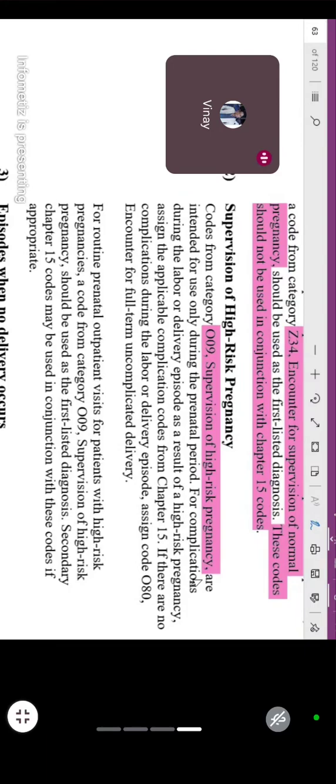That is O09. So, for complications during the labor and delivery episode or as a result of high risk pregnancy, assign the applicable chapter 15 code. If there are no complications during labor or delivery, assign O80, encounter for full term delivery. I will come to this code. O09 is the supervision of a high risk pregnancy. O80 is the encounter for full term uncomplicated delivery, which is for Z34.